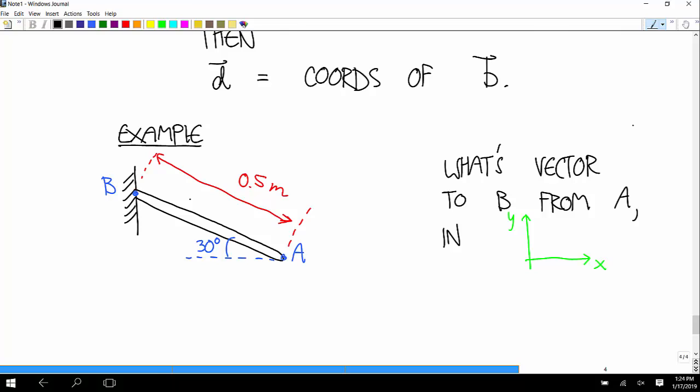Okay, so this is an example where we don't start the problem already knowing the coordinates of those 2 points.